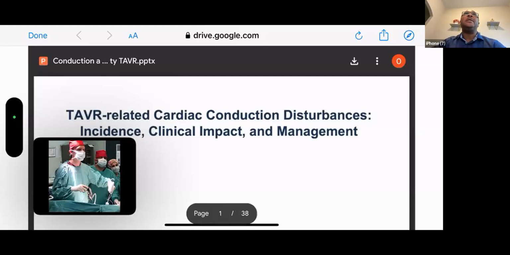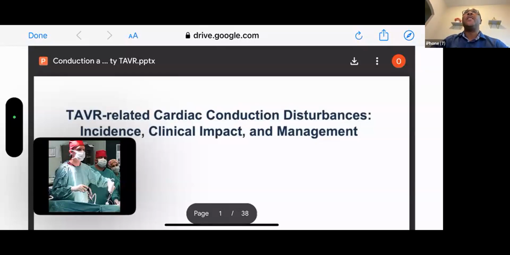So right now it depends on a lot of factors. You look at whether a patient will need a coronary artery bypass graft at the same time, because if they do, you may consider replacing their valve surgically and doing the bypass graft for the coronaries at the same time. The dynamics are changing, and I've even seen some young patients getting TAVR because of the advancement in TAVR procedures.